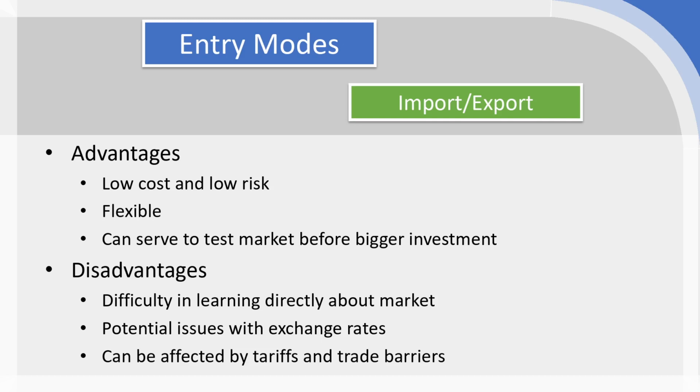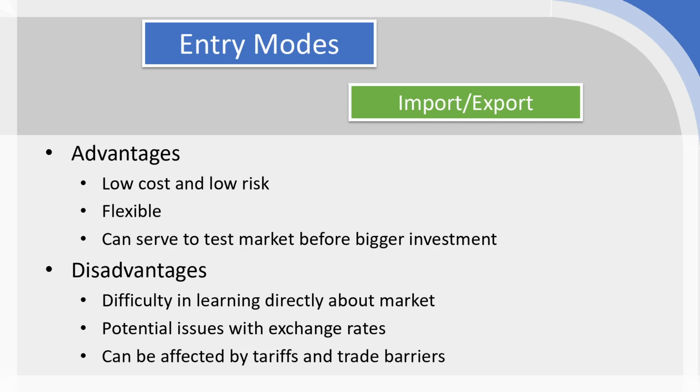The usual issues with exchange rates, because you don't have any facilities and offices in the target country, you're going to have to bring that capital back to usually your home country of operation, and that raises issues with exchange rates. But possibly the most important disadvantage for our purposes is that you will gain relatively limited information about that market.